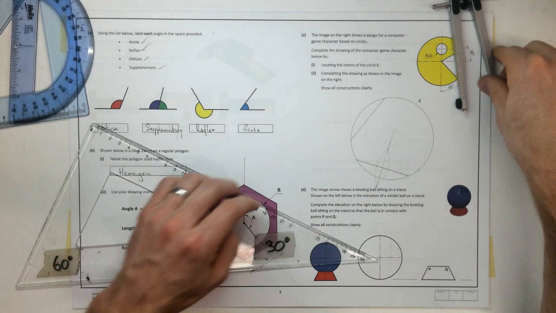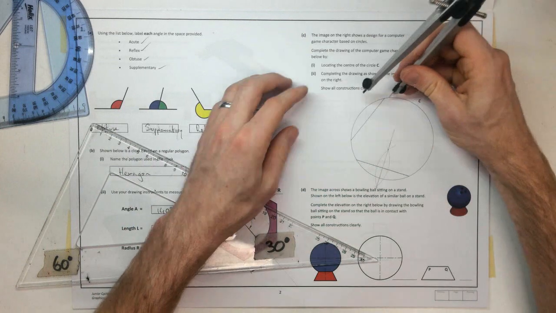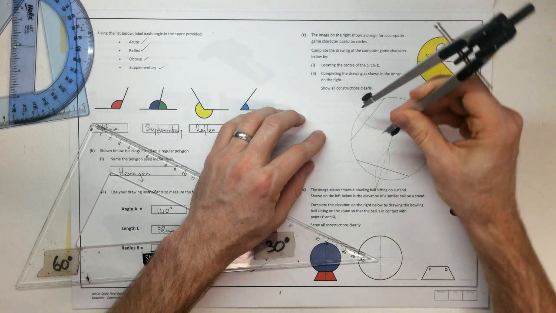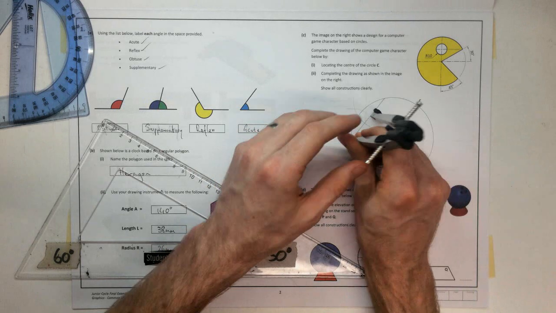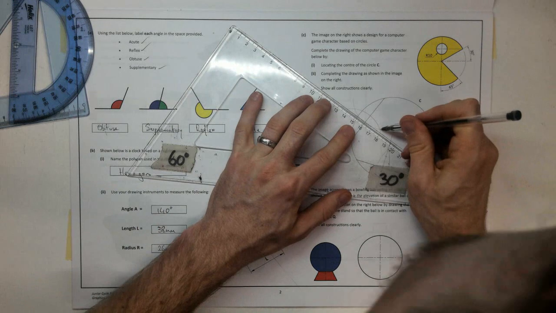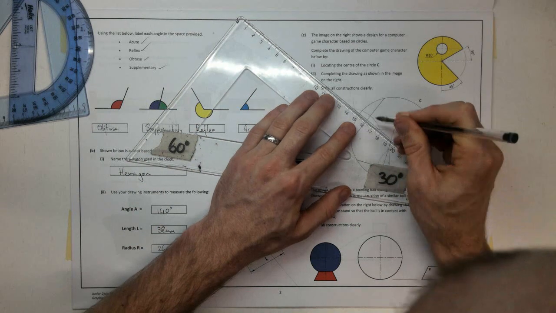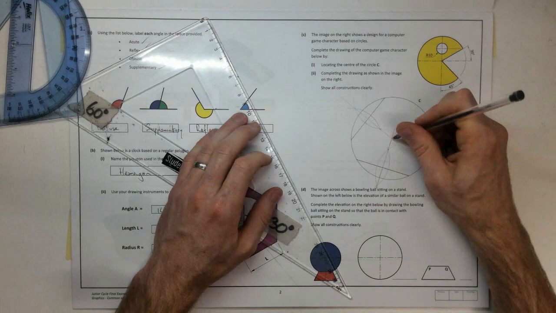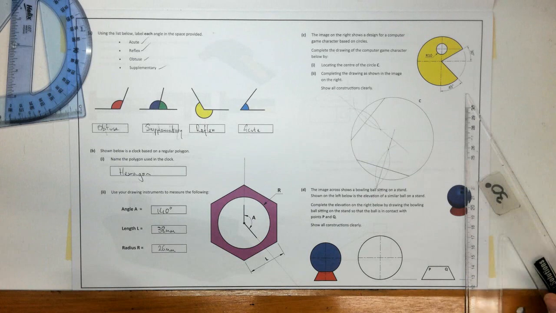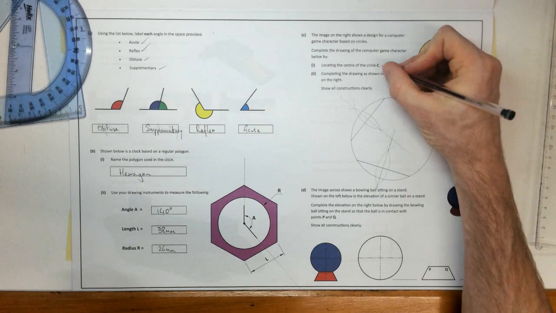Now I'll repeat the same thing, so set my compass to any distance once it's more than halfway again. Swing my arc, keep that same distance on the compass, swing an arc, and where those arcs cross, I'll draw my perpendicular bisector. Okay, so there now is the center of my circle. So that's part 1 done.